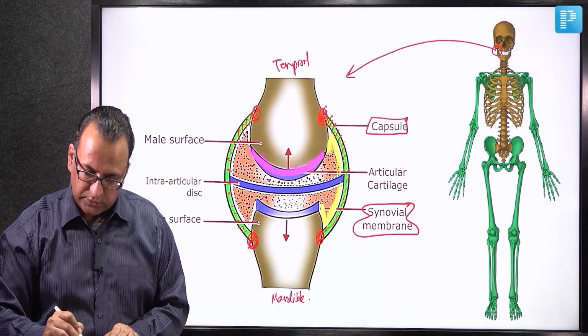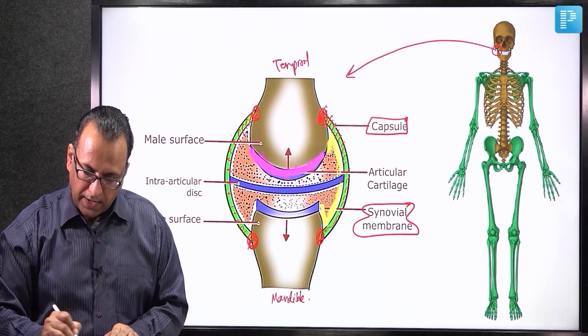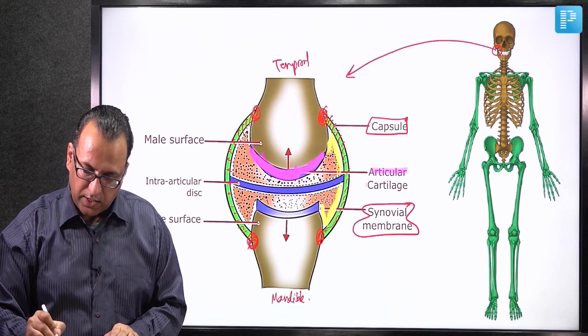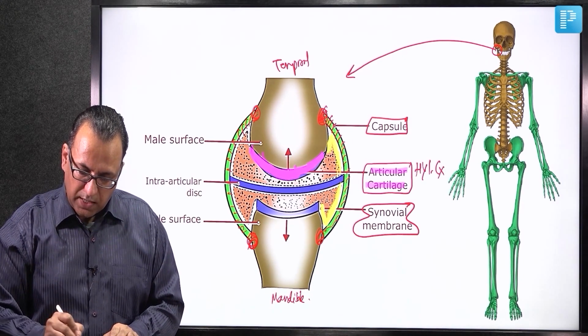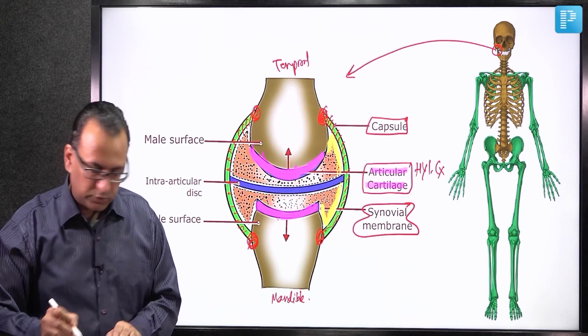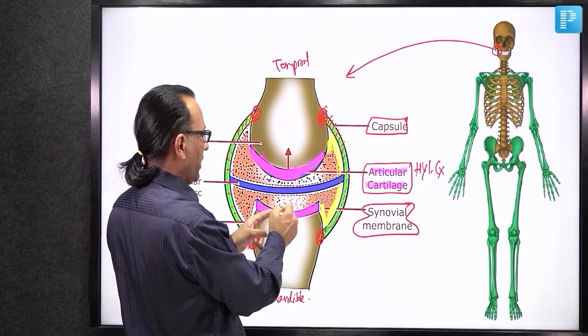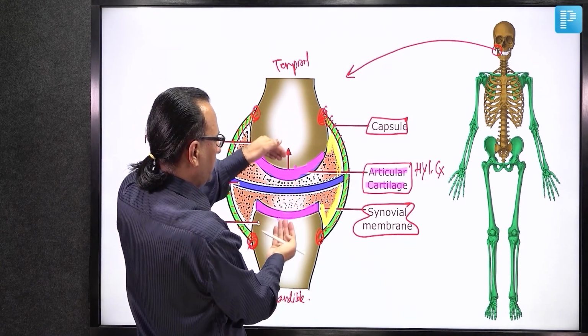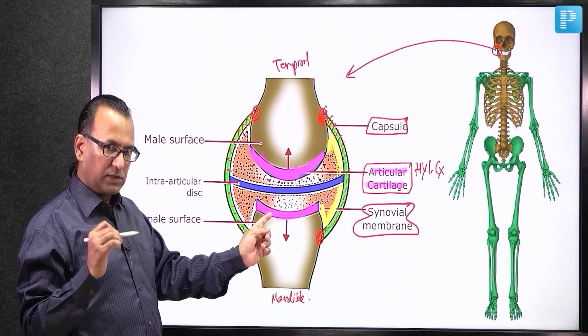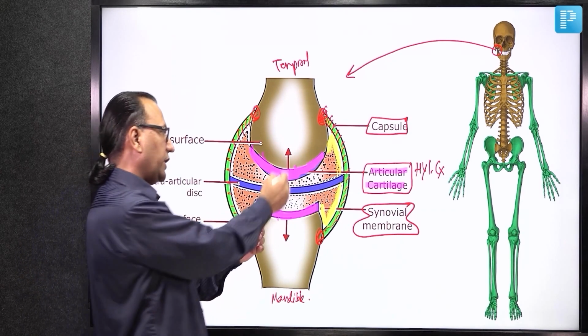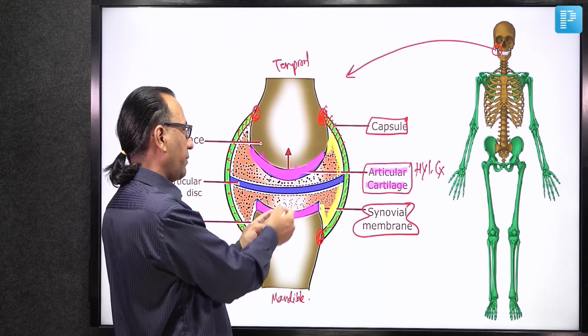This is the region where the bones are in contact with each other, and this articular cartilage, which usually is the hyaline cartilage, is lining the ends of the bone and keeping them smooth, so that there is smooth movement between the two bones in the synovial joint. And we know articular cartilage, the hyaline cartilage, never ossifies, though it can undergo degeneration with aging, and there can be osteoarthritis. That we have discussed earlier.